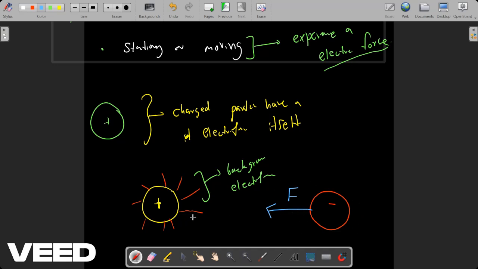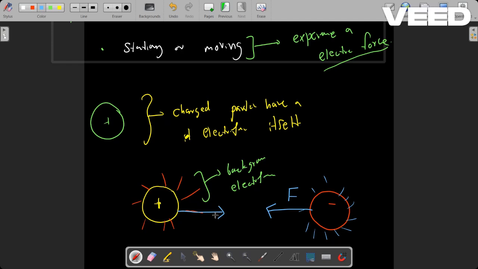The same thing happens the other way around. Because this particle is also making a field, the field created in the background by this particle creates a force on the other. So they are creating electric fields on each other. Therefore, because they are charged, there is an unbalanced force.